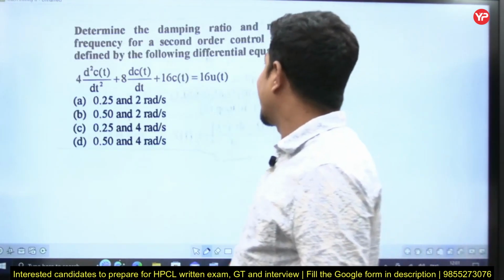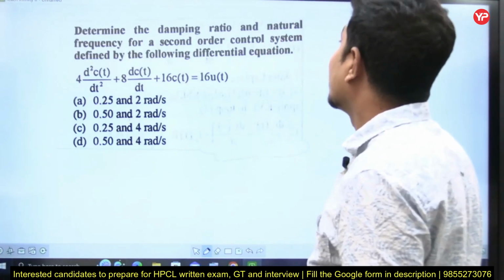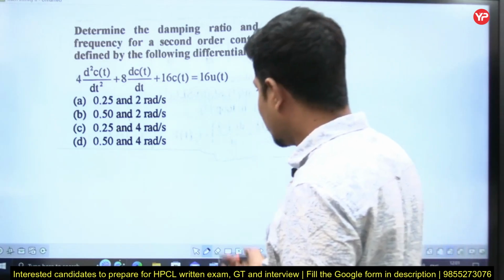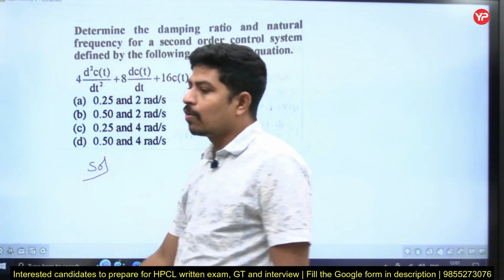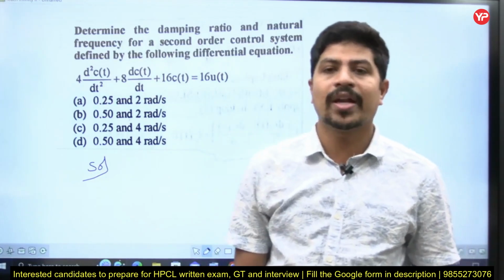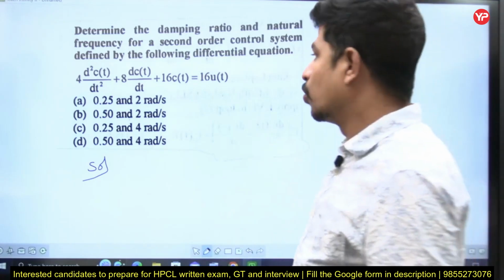Determine the damping ratio and natural frequency for a second order control system defined by the following differential equation. Whenever a differential equation is given, immediately you have to apply Laplace on both sides and get its transfer function. Once we have the transfer function, everything we can do.